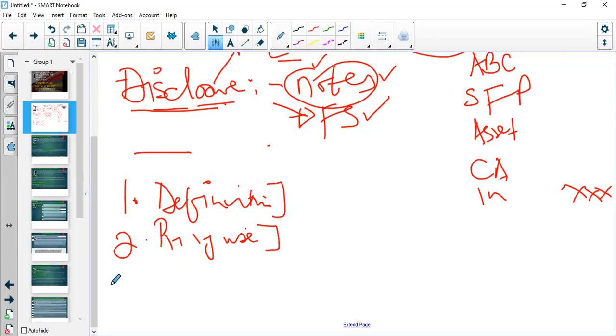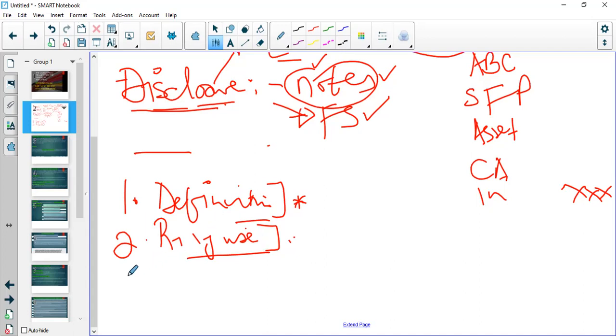Because something can qualify by definition to be an asset, but then we're not going to record it in the accounting records. Why? Because it does not meet the recognition criteria. Remember, recognition means recording in the financial records. So it doesn't meet the criteria, therefore it won't be recorded.